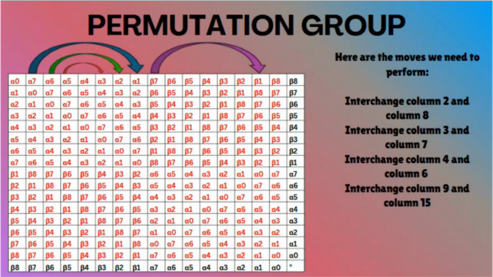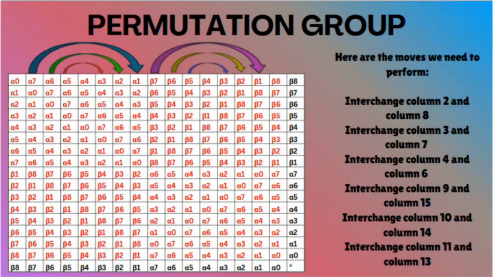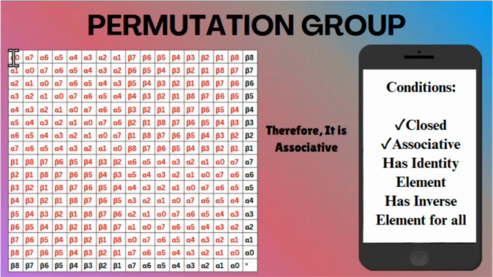Next, column 9 and 15. Then column 10 and 14. And then column 11 and column 13. As you can see, if we do those changes, it will result like this. Therefore, we prove that it is associative because our results are the same as our original table.